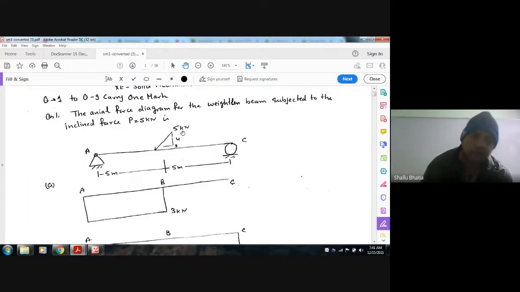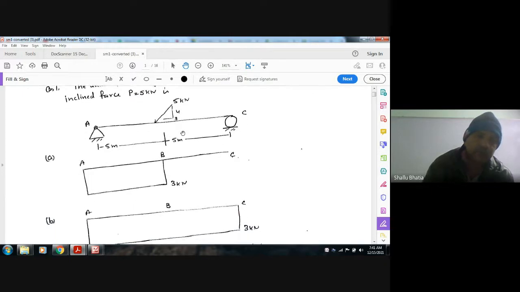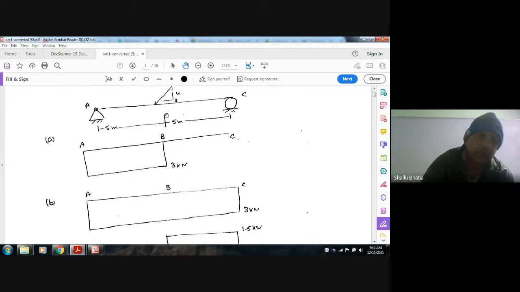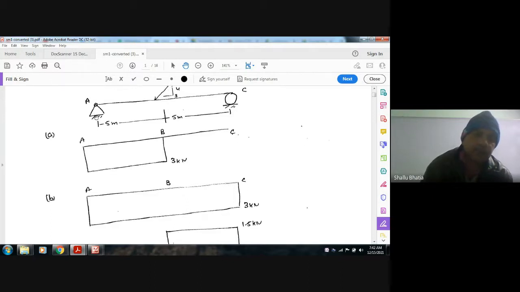Now, to find the axial force, that will be 5 cos theta. Sorry, if the angle is theta, then it will be 5 sin theta. The horizontal and vertical reactions will be provided by the rigid support. Suppose RAH is the horizontal reaction.